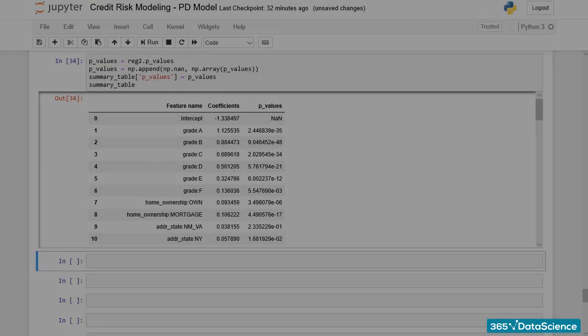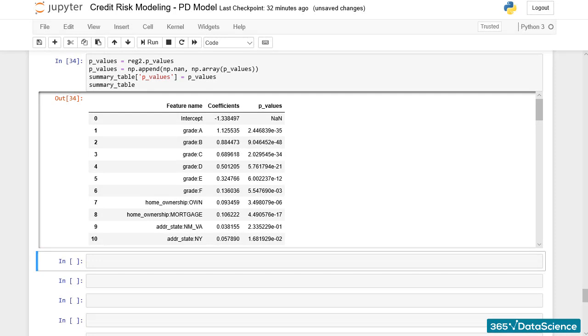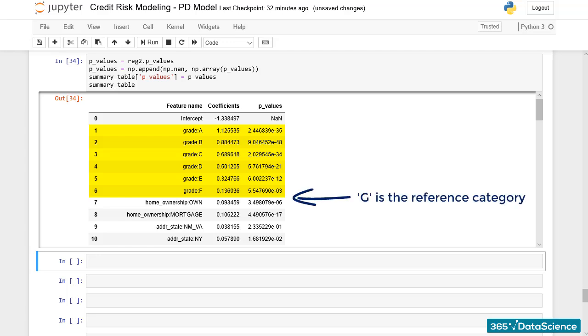To clarify, we can use an example from the model. Let's take the first original independent variable, the grade variable. As you know, there were 7 initial categories of external grade, represented by the letters from A to G. So in terms of weight of evidence with respect to the good-bad variable, A is the best one, G is the worst. That's why we decided to make G the reference category.